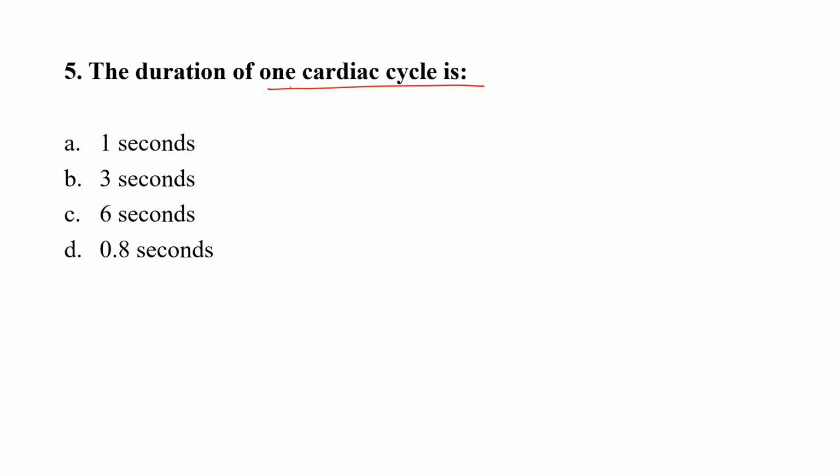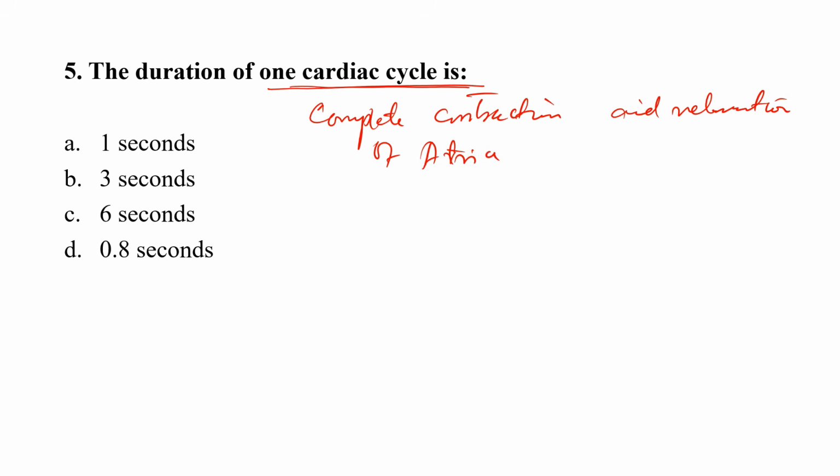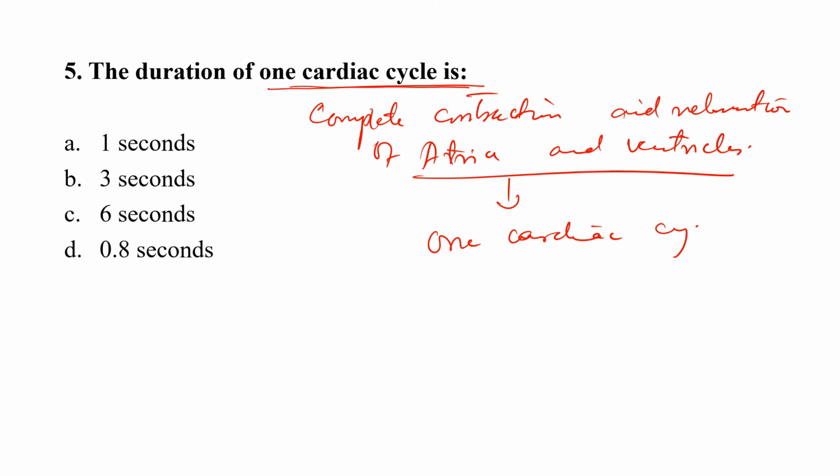The cardiac cycle is the cycle that involves the complete contraction and relaxation of atria and ventricles, and this complete cycle is counted as one cardiac cycle, and the duration is approximately 0.8 seconds.